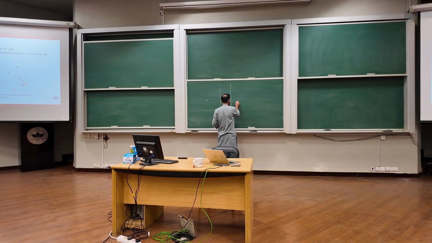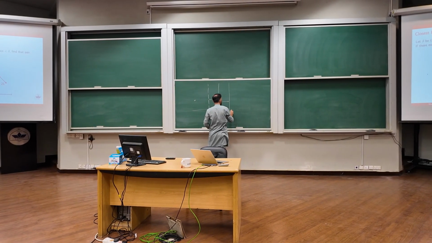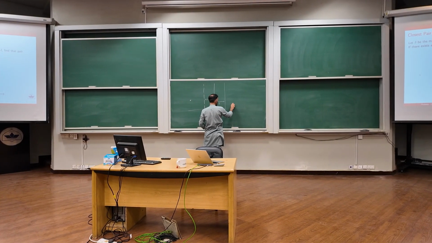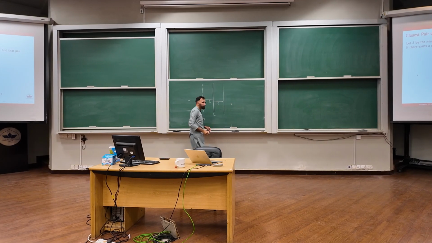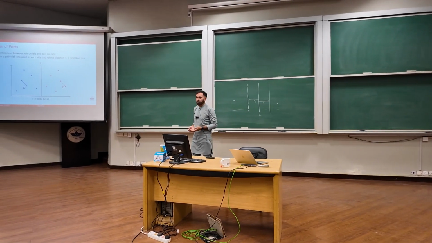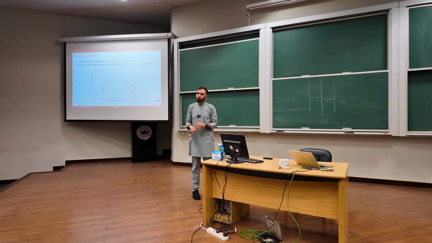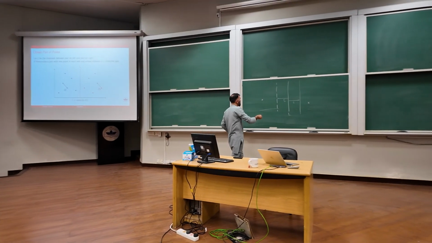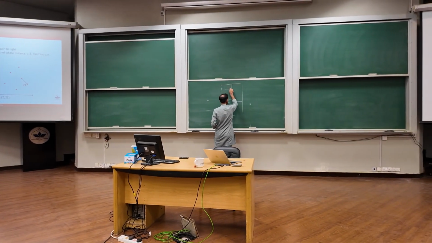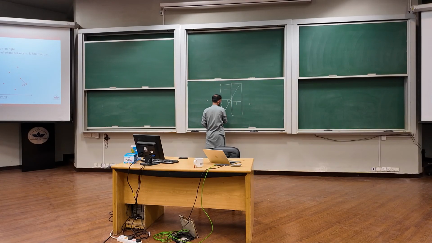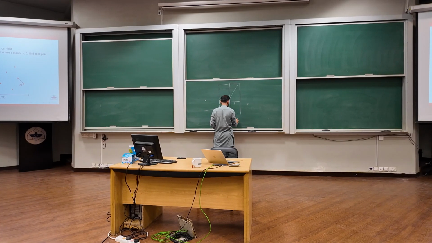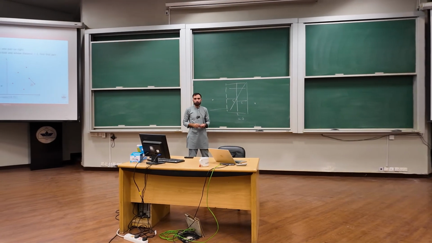Similarly, if on the right side, any red point which is at distance more than delta should not be considered. All right? So the only points I care about are in this vertical strip, which is of width 2 times delta.